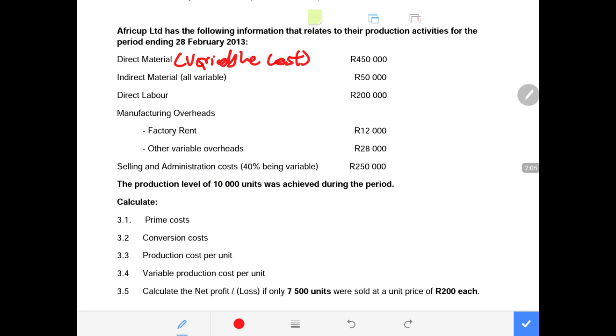Remember, indirect costs are indirectly related to production, meaning these are the costs that are not directly related to production. Like, for instance, the salary of the supervisor. The supervisor does not work in the production department, but he is supervising people who are working in the production department. We speak of electricity, we speak of water, depending obviously on what you are producing.